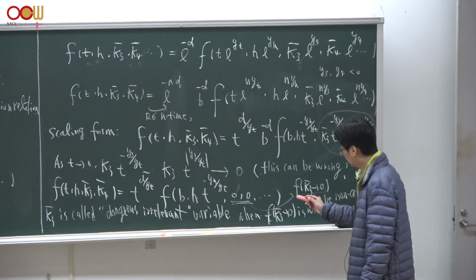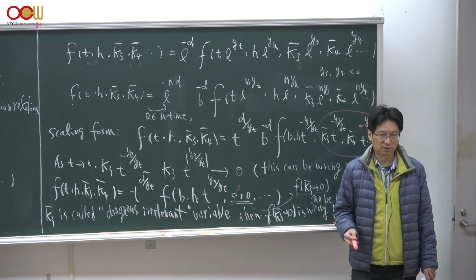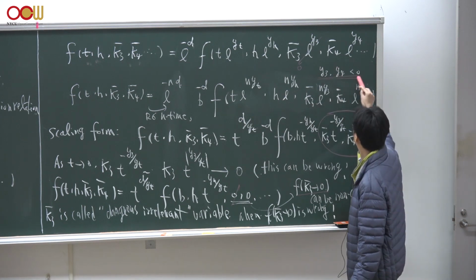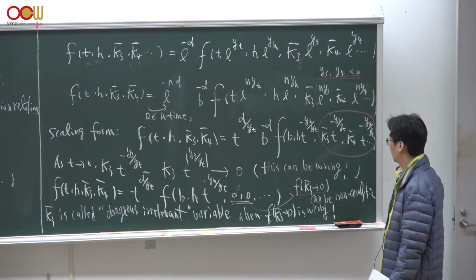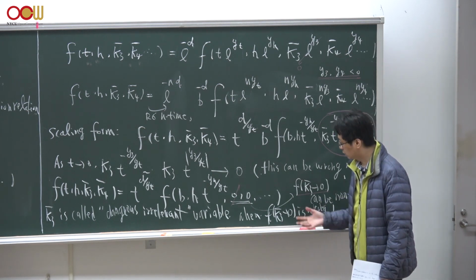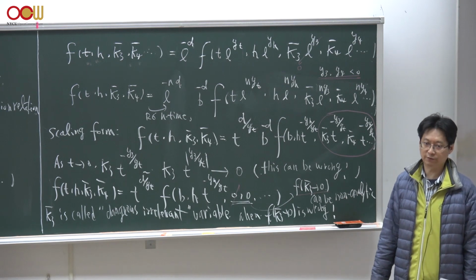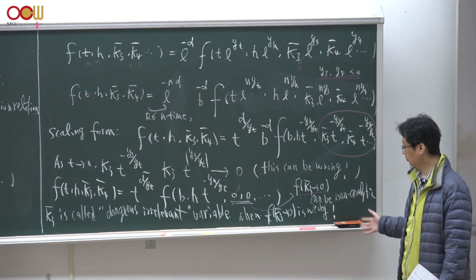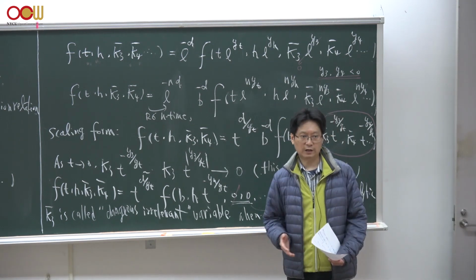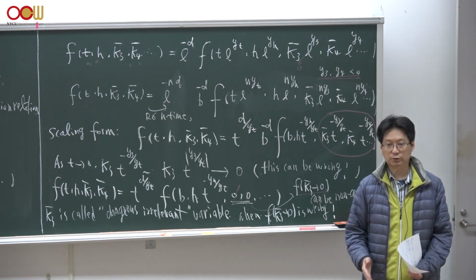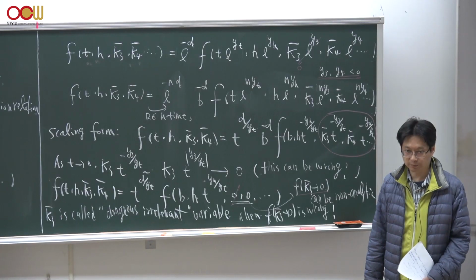In other words, we cannot simply disregard these dangerous irrelevant variables just because they carry negative exponents after RG transformations. We should keep them in our scaling form, because they will lead to some non-trivial extra anomalous exponents that will modify our scaling relations and also critical exponents.